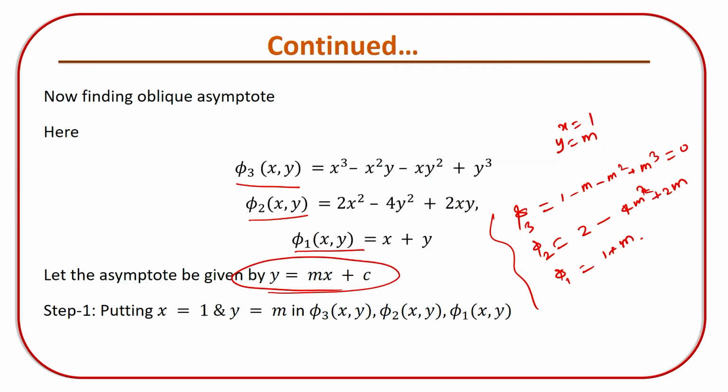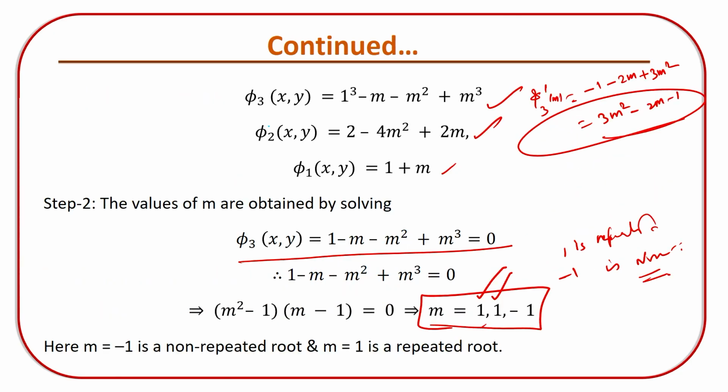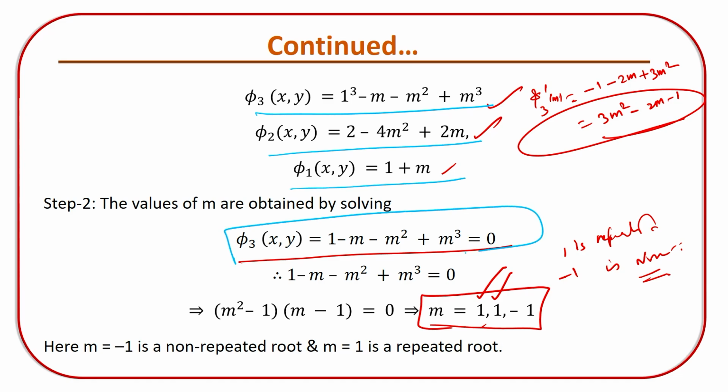Name all those phi 3, phi 2 and phi 1, and put x equal to 1, y equal to m. This will give me 3 polynomials in m, and then equating the highest degree one equal to 0 will give me the values of m.